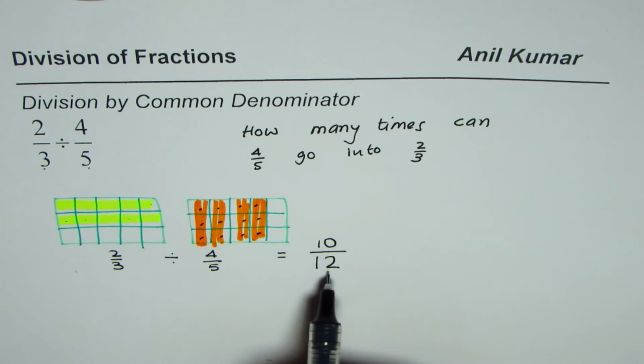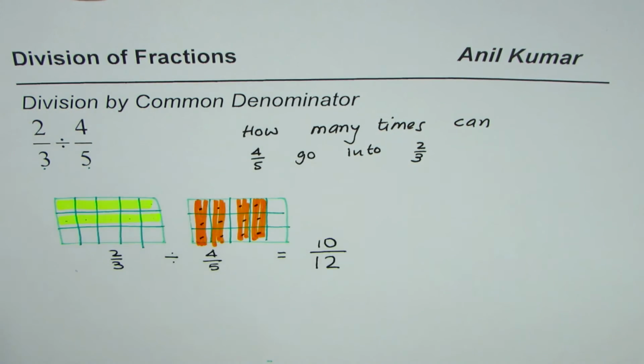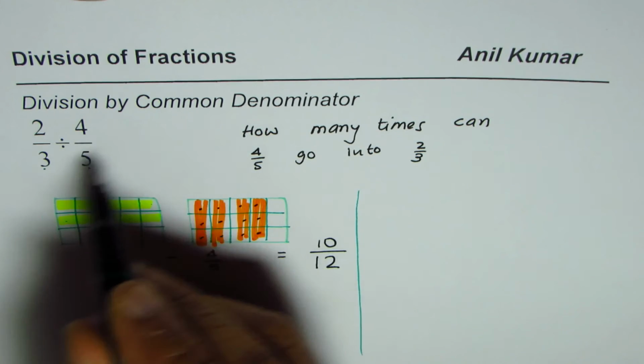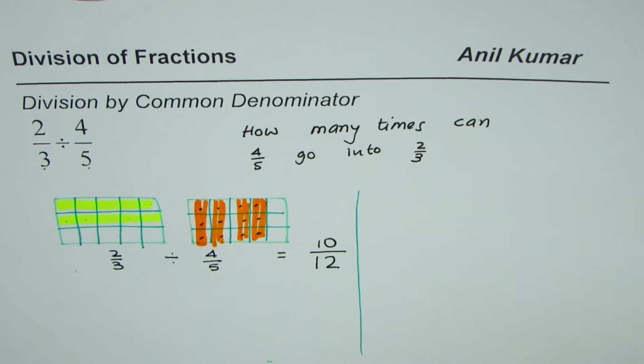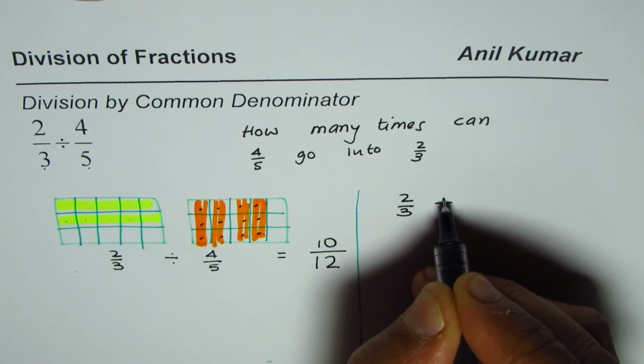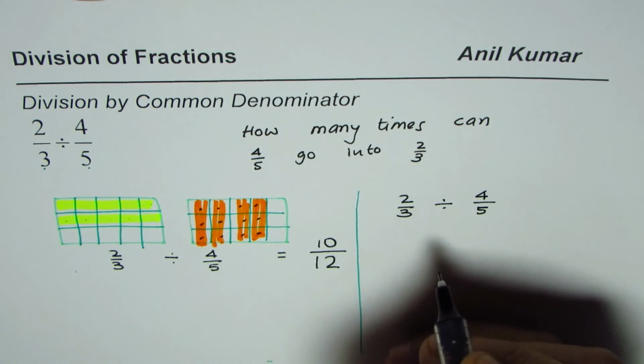Let me illustrate this with the help of our concept of common denominator, right? So we are dividing 2 over 3 by 4 over 5.